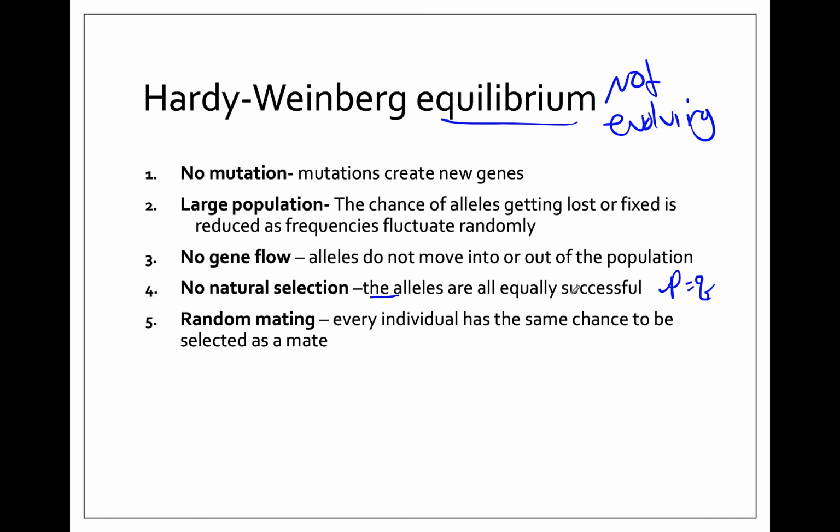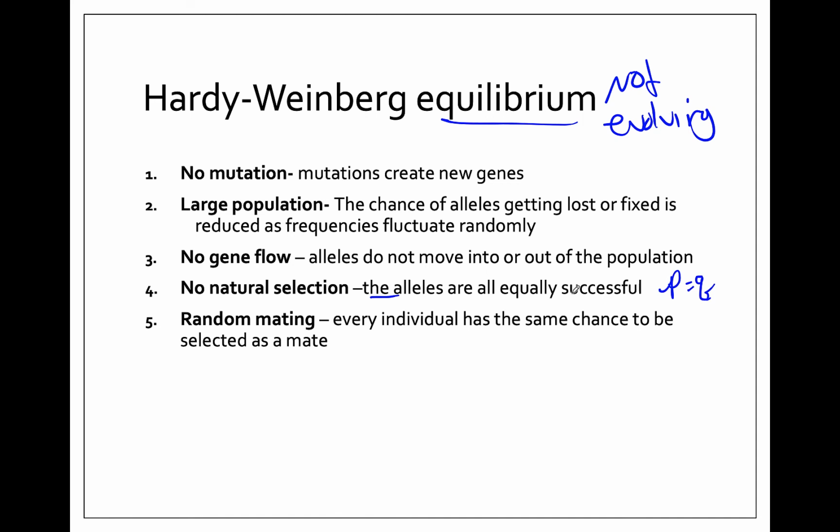Random mating means that each individual has the same chance to be selected as a mate as any other individual. So what this would mean in your life is that any person that you could mate with, so of the opposite sex, in your population is an equal chance of being your mate. And that's highly unrealistic because we choose mates based on a lot of things.